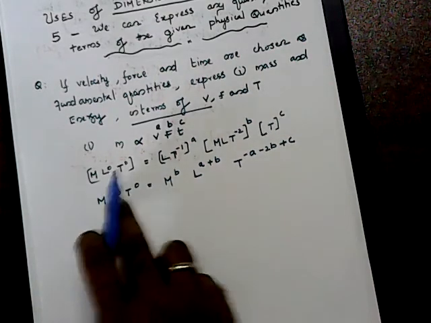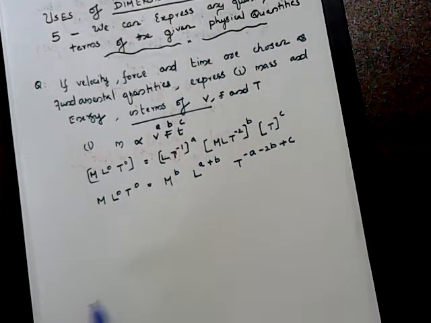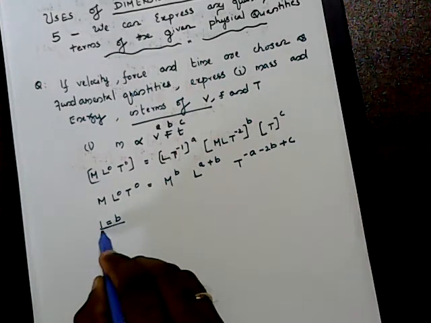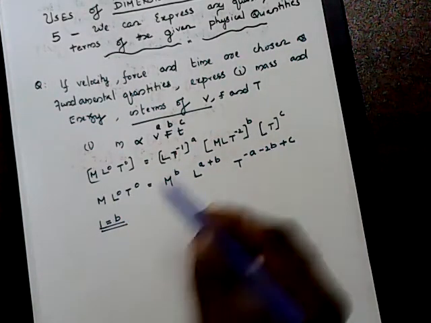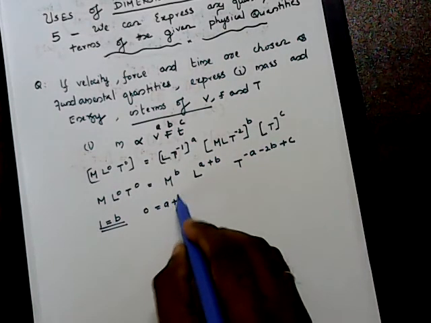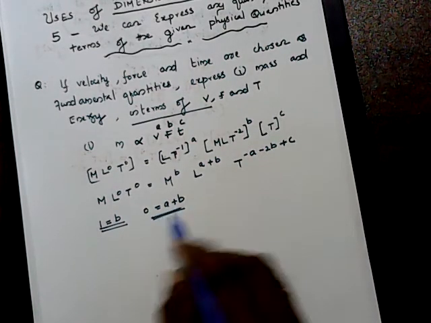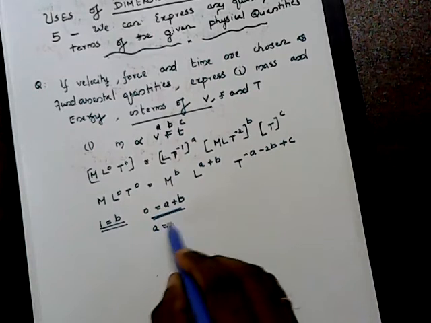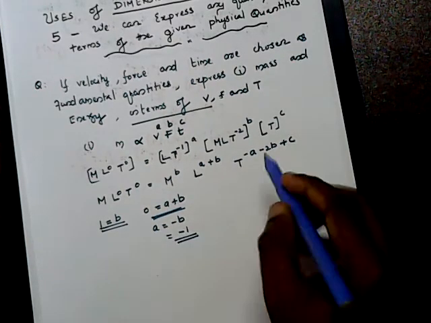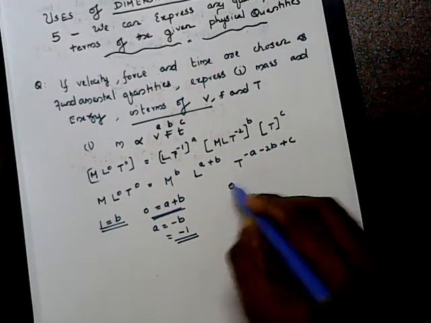The dimensions on both sides should be equal. That means here we can say that the M got the power of 1, it should be equal to B, and 0 should be equal to A plus B. From this relation, we get the value as A equal to minus B. That means it is equal to minus 1. And also here T got the power of 0.